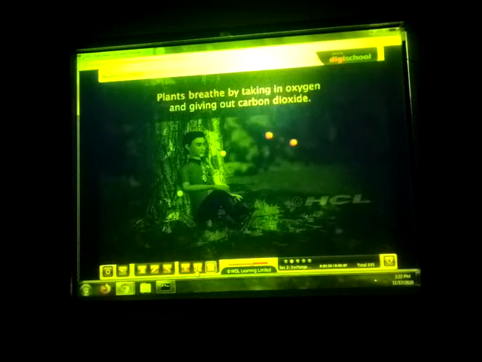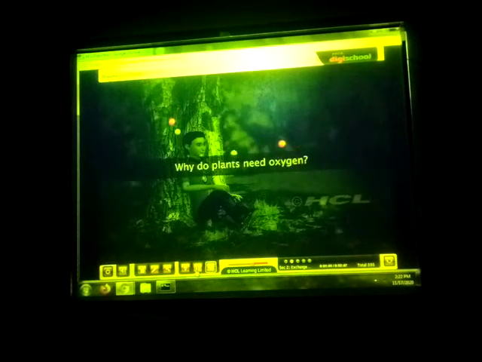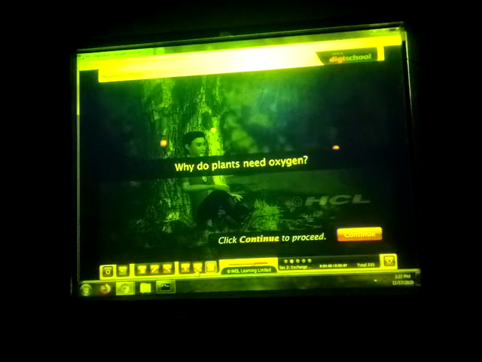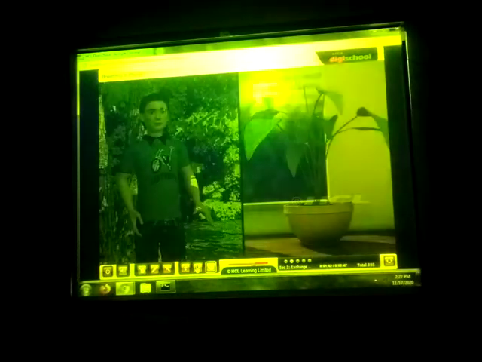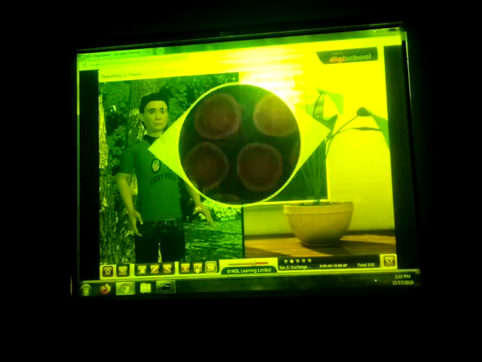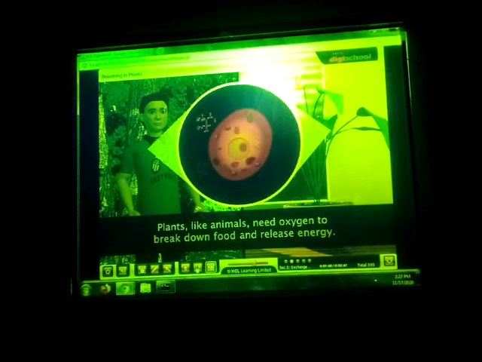These activities show that plants also breathe by taking in oxygen and giving out carbon dioxide. But why do plants need oxygen? Like animals, plants need oxygen to break down their food and release energy.